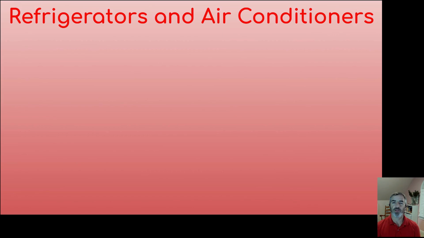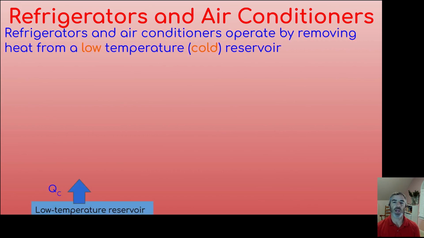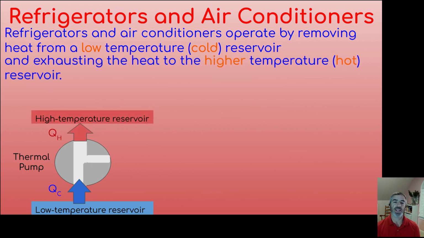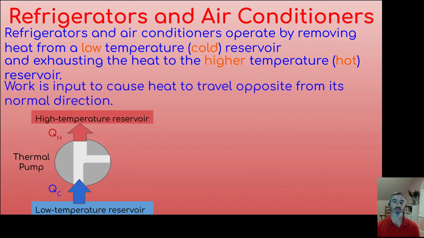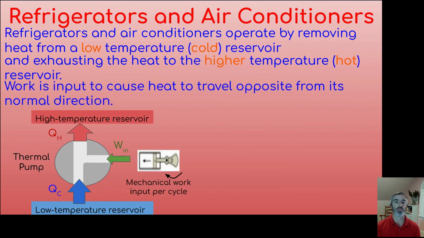So let's talk about refrigerators and air conditioners that actually cause the heat to flow the opposite way. And what is needed is something to provide work called a thermal pump. So what happens is we take that cool heat, we move it through the thermal pump, and it transfers that heat out into the hot reservoir. But there has to be work that travels in order for that process to work.